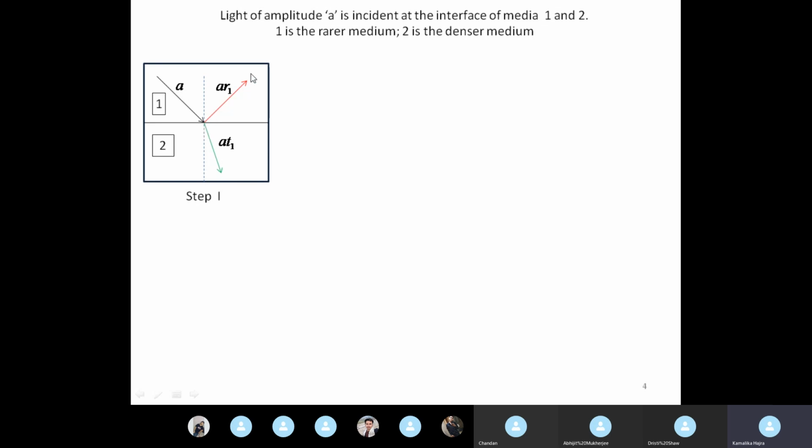What part will be reflected? R1. So the amplitude of the reflected wave will be A into R1, R1 fraction of A, so AR1. Amplitude of the transmitted ray will be AT1, T1 fraction of A, so AT1.